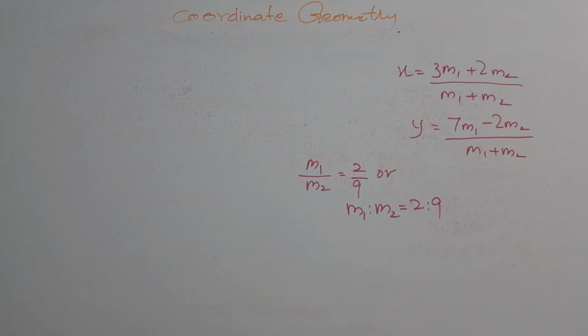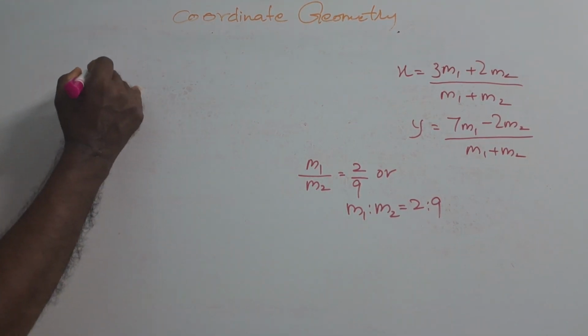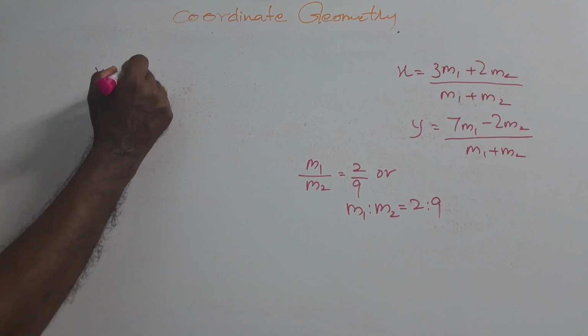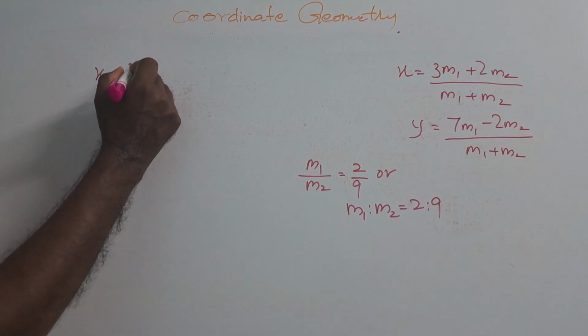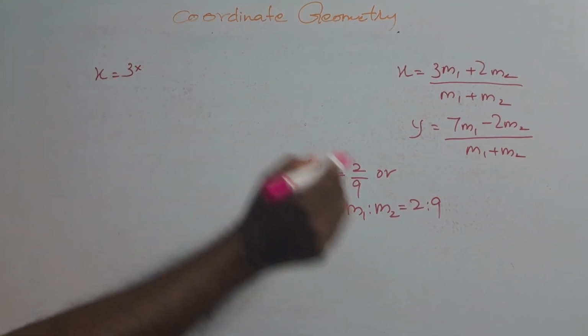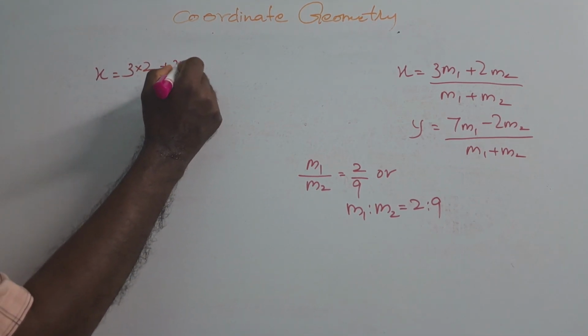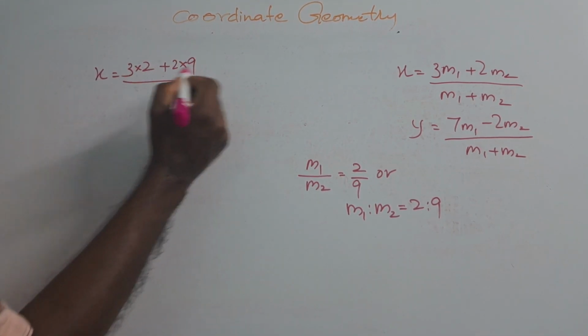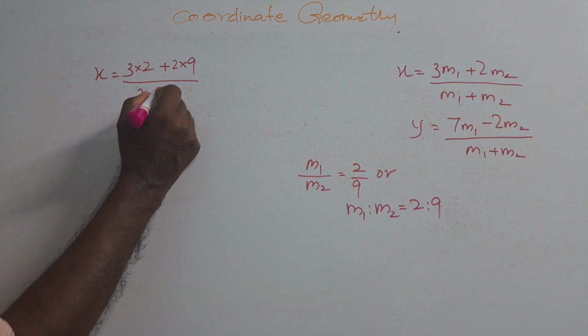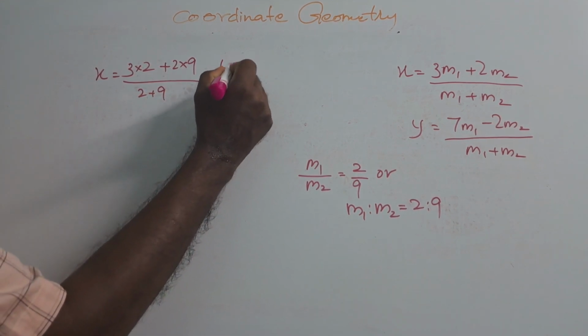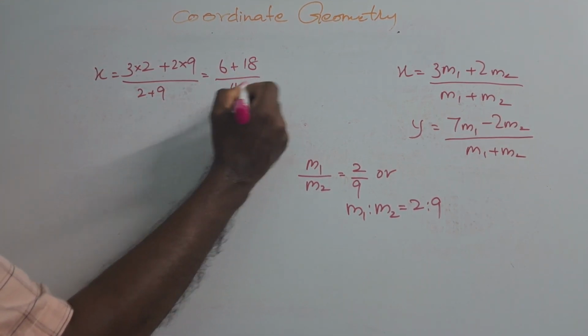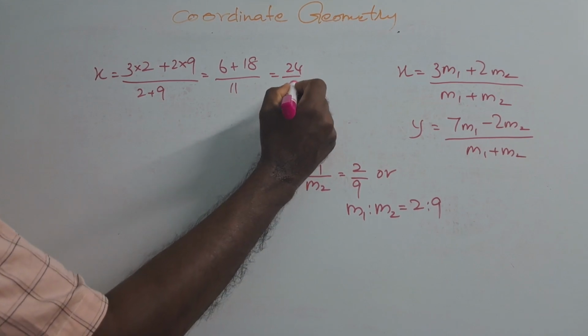X is equal to 3 into m1, which is 2, plus 2 into 9, m2 is 9, by 2 plus 9, equals 6 plus 18 by 11, equals 24 by 11.